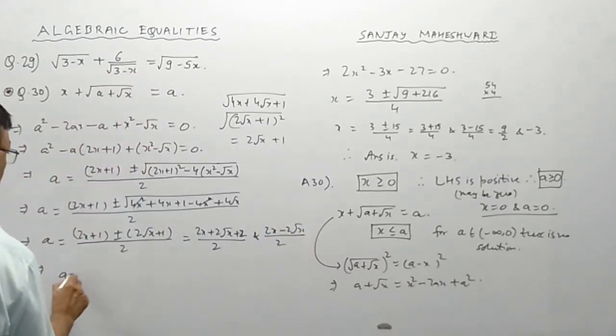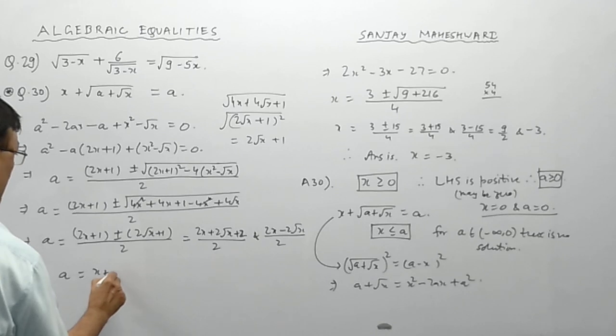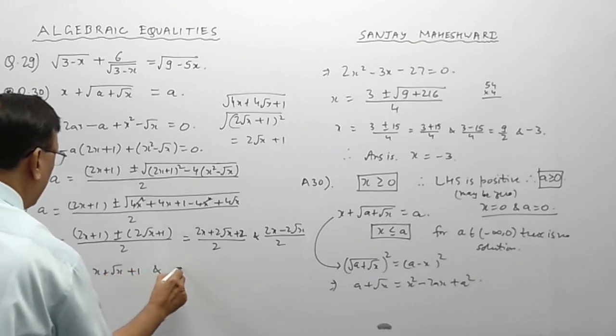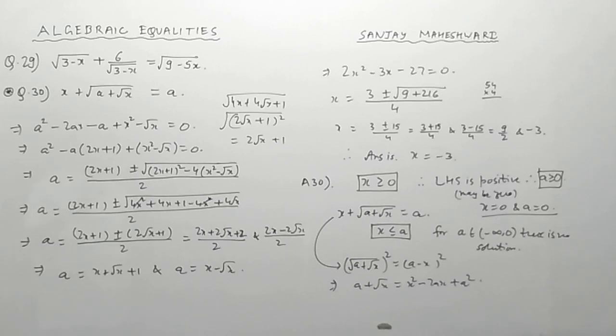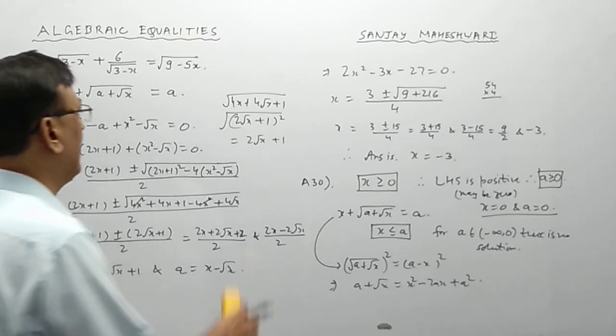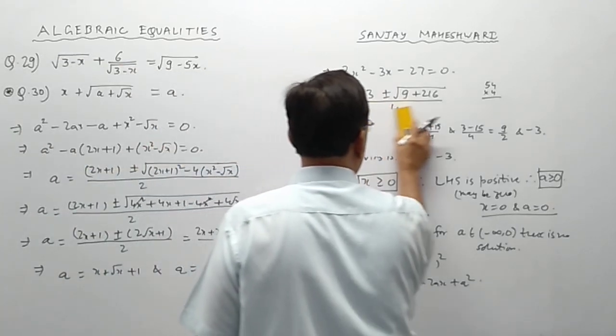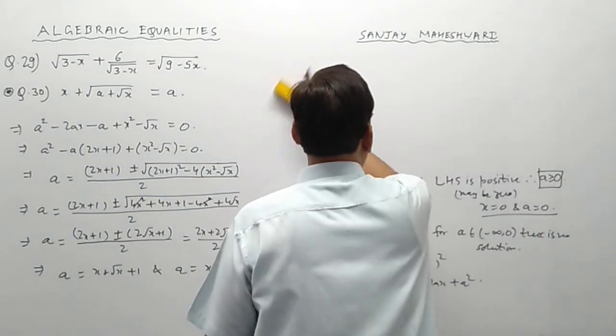Therefore, finally we are getting a is equal to x plus root x plus 1 and a is equal to x minus root x. So we are getting two things here: a is equal to x plus root x plus 1, and the other thing is a is equal to x minus root x. We will solve it one by one.